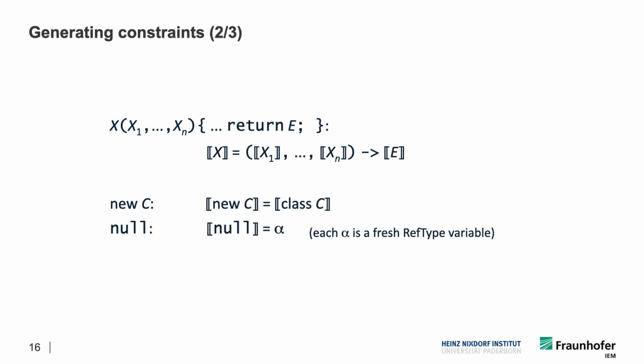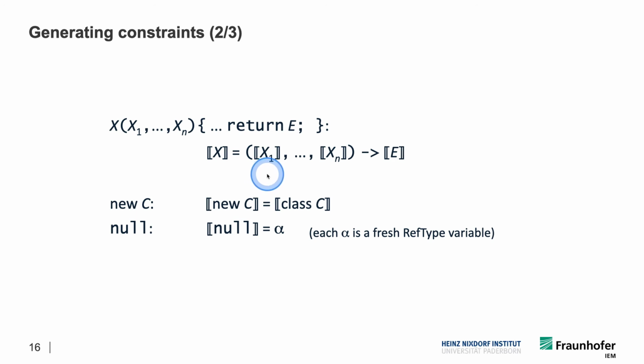So I've already shown you basic constraints, but then here there are some more complex constraints for other cases. So for instance, if we have a procedure call like you see here, then we will have type constraints that look like this.